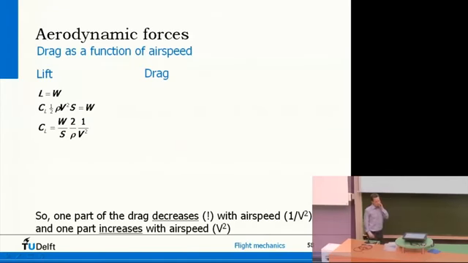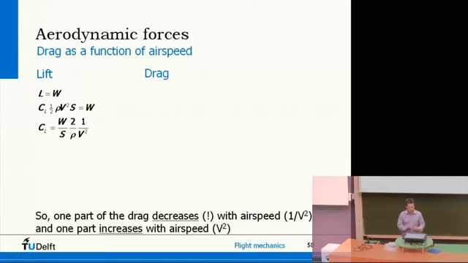Now, what you see here on the left-hand side: if you fly horizontally at constant speed, then we have lift equal to weight. You've seen this picture before. Before, I took airspeed out of the equation, but you can also take the lift coefficient to the left-hand side and see what it is a function of.